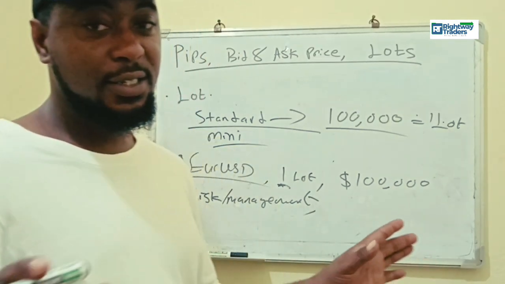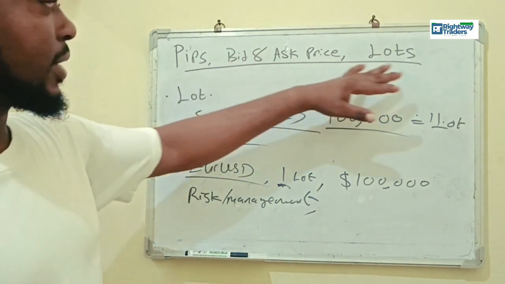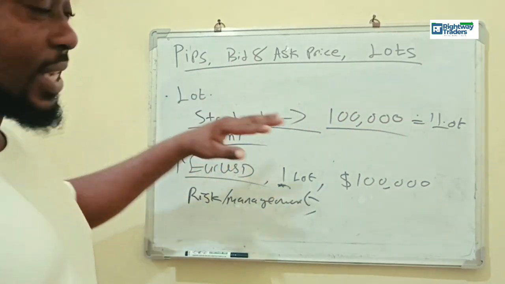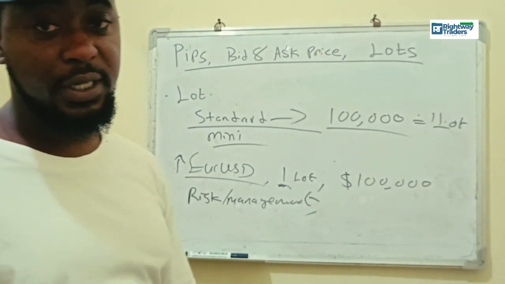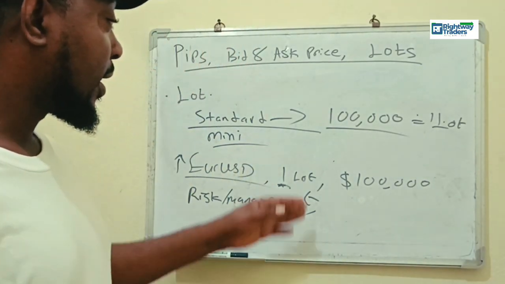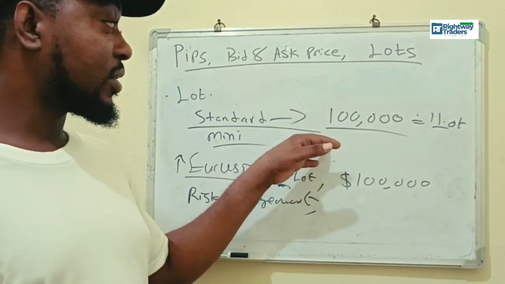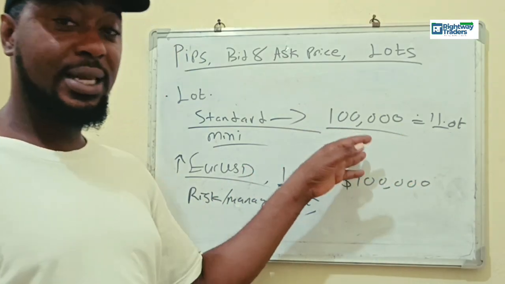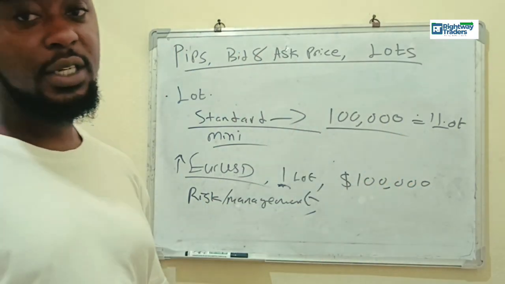This video is just to explain the terms and why we use them. Lot size is basically used for buying the quantity of pairs that you want to trade with, and it is measured mostly in the standard lot size, which means one lot size is equal to 100,000 units of that product that you want to trade.